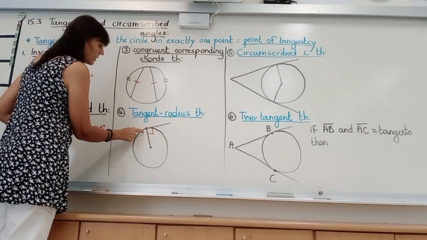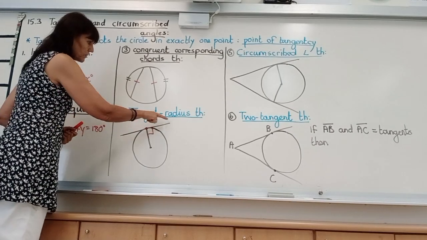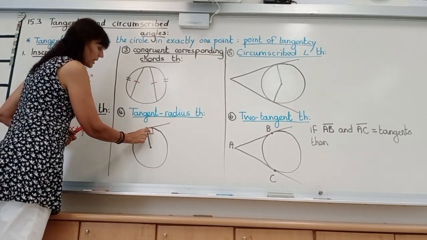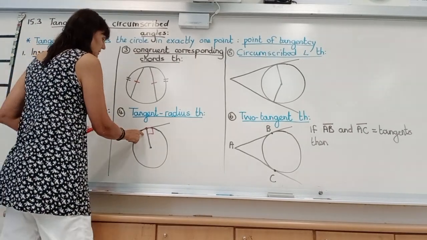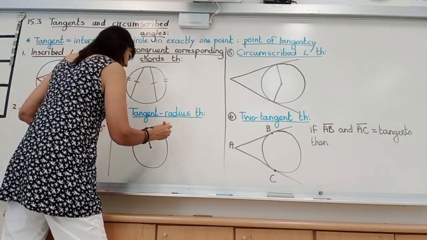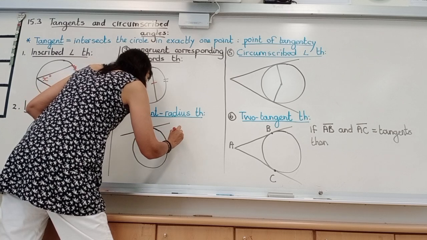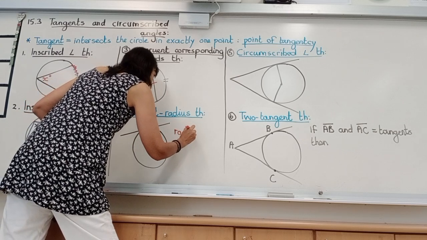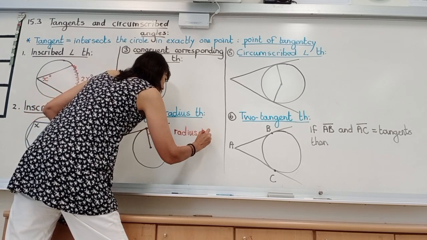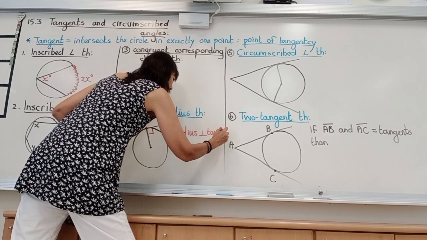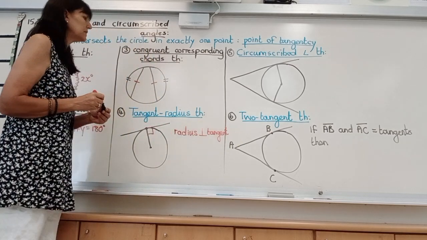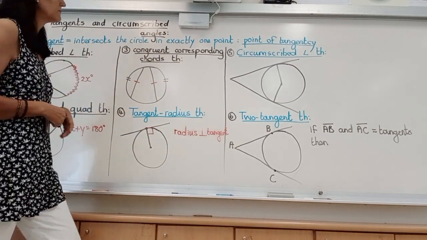A 90 degree angle. I could have made it this side, because it's a straight line, both angles must give me altogether 180. So this one is 90 and that one is 90. We like to say that a radius is perpendicular to the tangent, or the tangent is perpendicular to the radius.